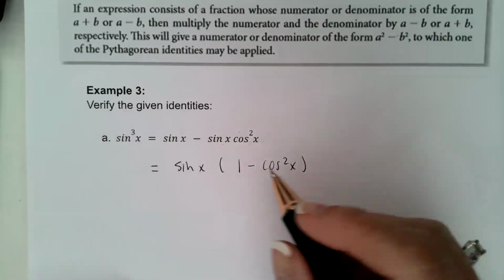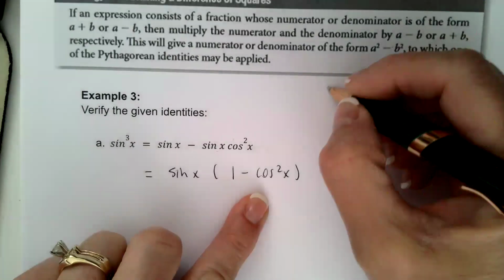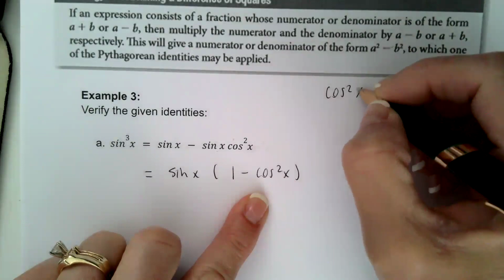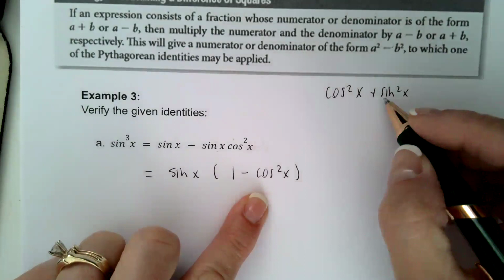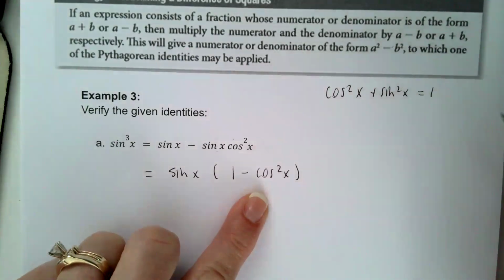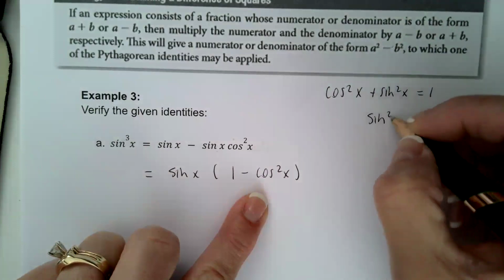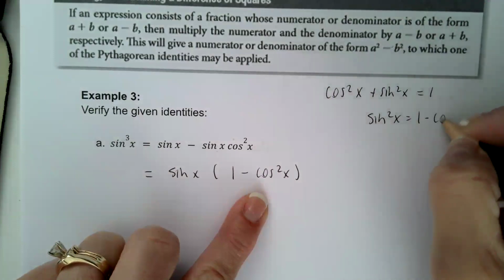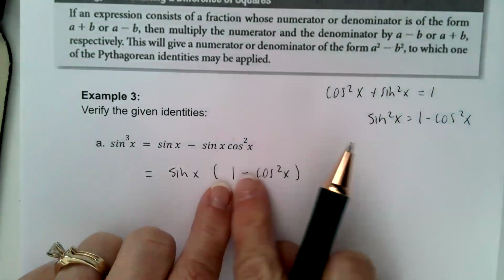And I know that this can be made with the identity here, cosine squared x plus sine squared x equals 1. And if I subtract cosine squared x from both sides, I get sine squared x equals this difference.